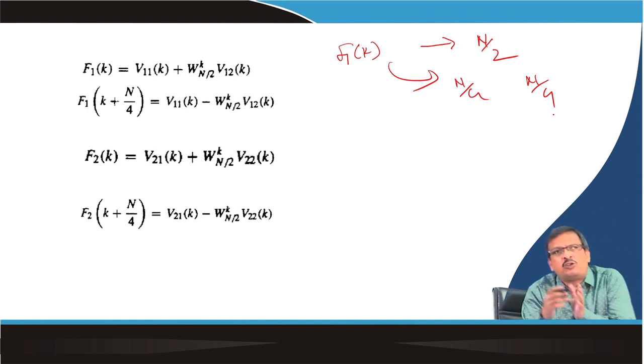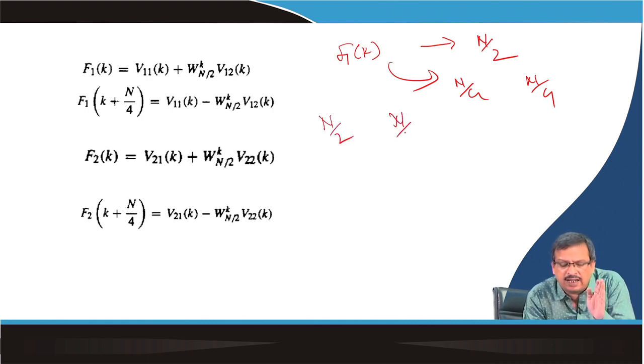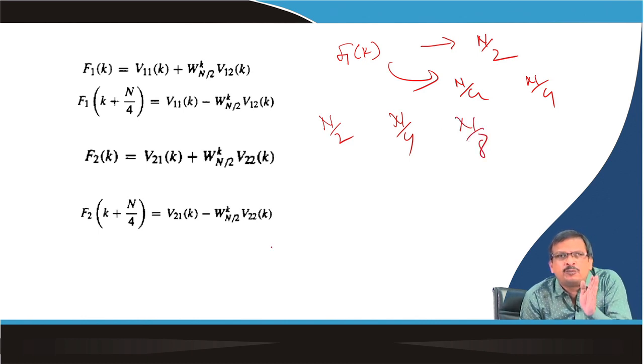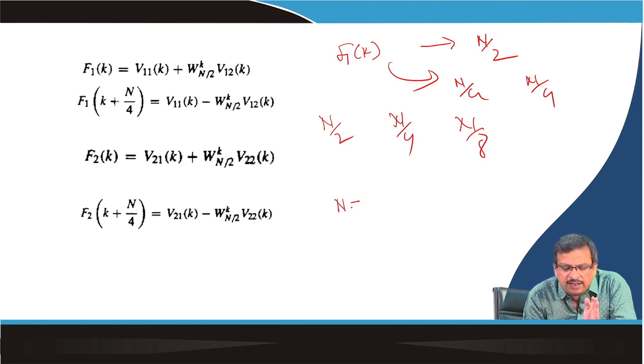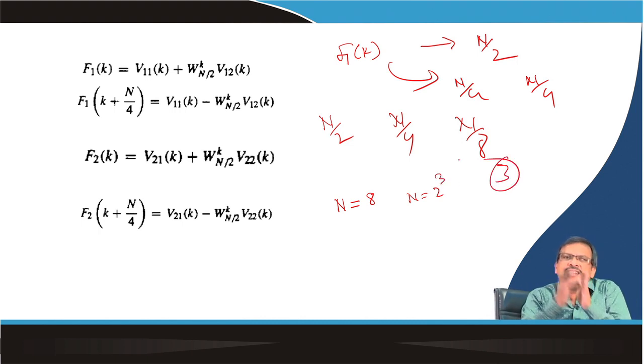Similarly, F2k can also be computed. So, n by 2 is one stage, n by 4 is another stage, n by 8 will be another stage. The number of stages depends on how you express n. If n is equal to 8, which is 2 to the power 3, then 3 stages are there. I can divide the signal in 3 stages.